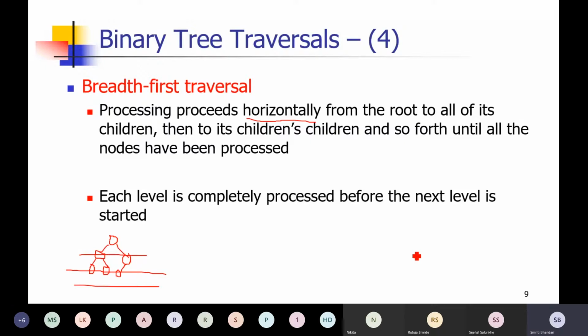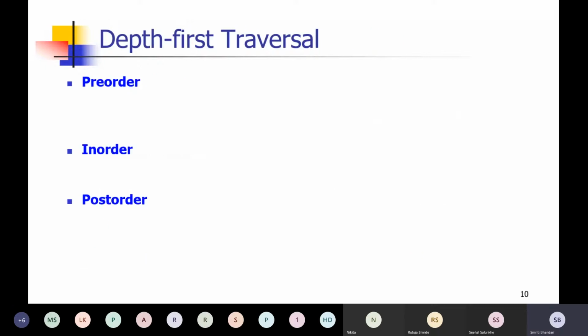Now, if we look at the depth-first traversal, we are having three important kinds of traversal algorithms, or the sequence in which we may traverse the binary tree differs according to the sequence of processing the nodes. So accordingly, we are having pre-order depth-first traversal, in-order depth-first traversal and post-order depth-first traversal. So what is pre-order traversal?